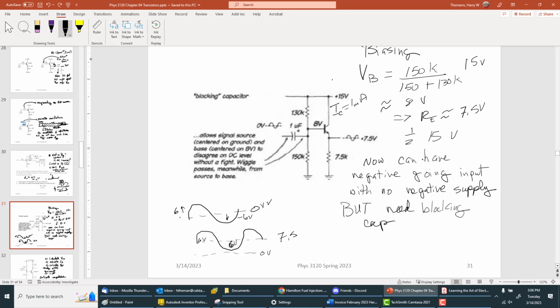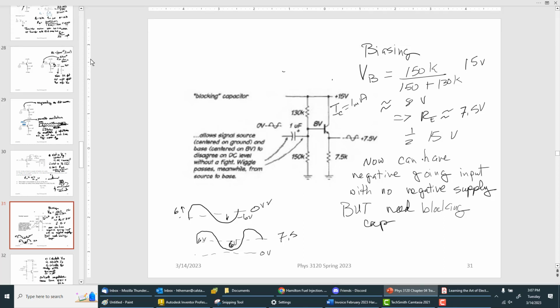So now also in this case, since we don't want the source to affect our bias, and if it draws current away, it can affect the bias in a couple different ways, we don't want the biasing network and the source to interact. So once again, we put a blocking capacitor. Notice this one is 1 microfarad, and you hopefully recall from 4W1 and 4W2, there's formulas for calculating that.